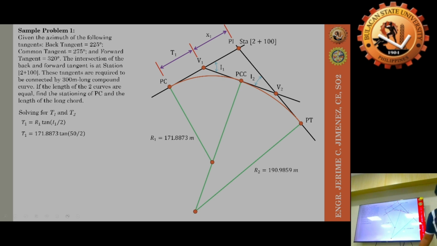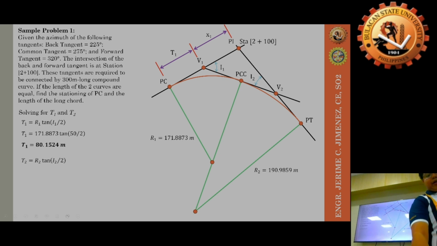I compute. What is T sub 1? 80.1524. Okay, that is 80.1524 meters. Okay, ito yung distance na ito. Okay, ito yung distance na yan. Now, for T sub 2, same formula, R tangent I over 2.